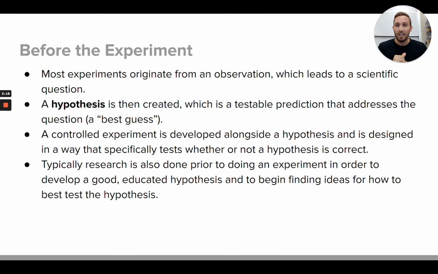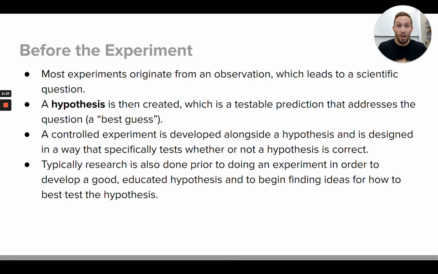And so in a controlled experiment, we usually develop that experiment alongside our hypothesis, so that experiment is actually going to answer and test whether or not our hypothesis might be correct or not.